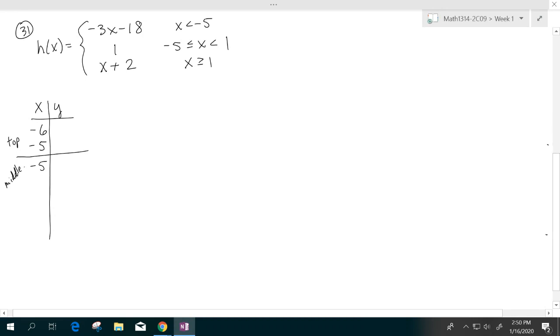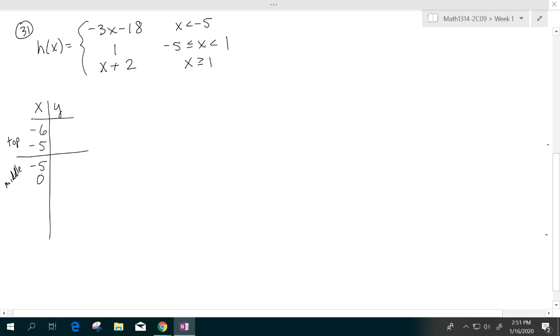Because -5 is included there. -5 is greater than or equal to -5. That's true. What is another number that could go in the middle piece? -4. What else? 0. Could 0 go? Okay, remember I really like 0, so I'm going to put him.